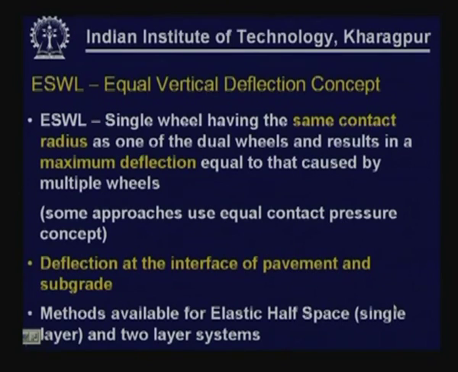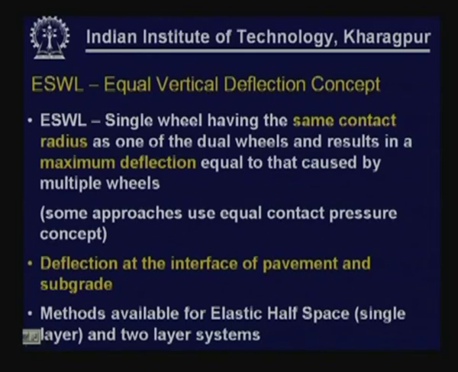We can also adopt the equal vertical deflection concept. In this approach, a single wheel having the same contact radius as one of the dual wheels, or as one of the multiple wheels that are there, results in a maximum deflection equal to that caused by the multiple wheels.